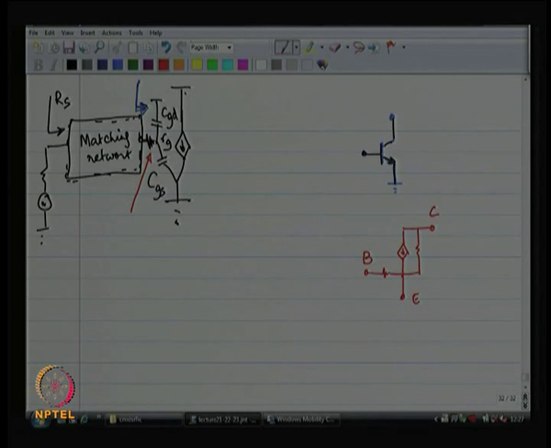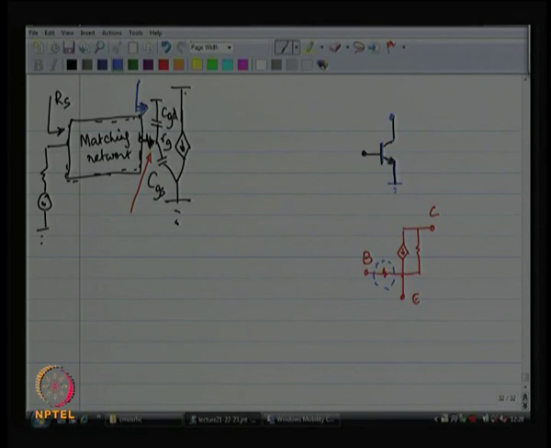But this resistor that you see over here is not a real resistor. It is not really a resistance that is physically present over there, and as a result you do not expect it to generate noise like a real resistor does. So, there is a subtle difference between these two.